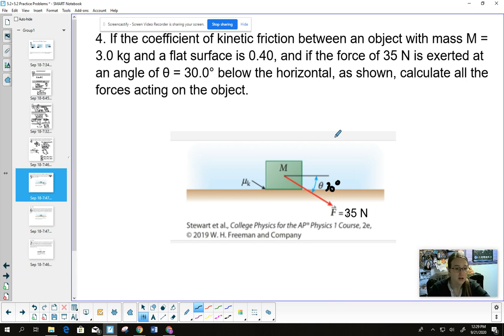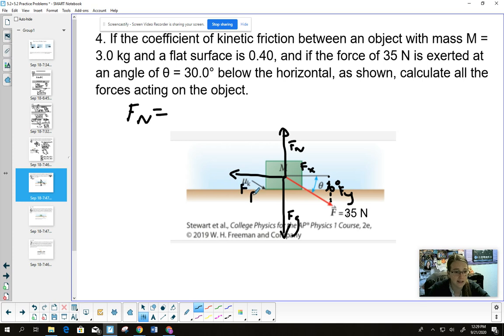Okay, let's check. So my normal force is going to be all my y components, which is gravity, and this y component here. Again, we're going to go ahead and find the x component. In order to find the normal force, we are going to have a force of friction, but we're going to find that later.